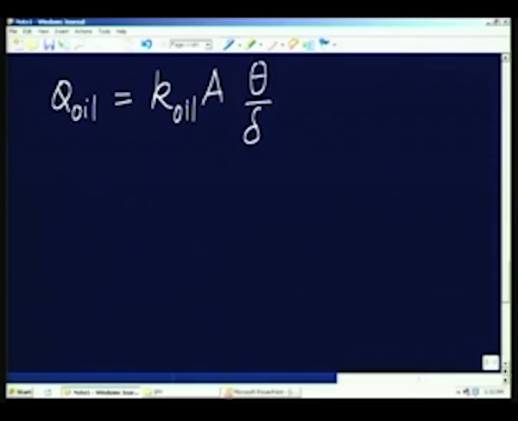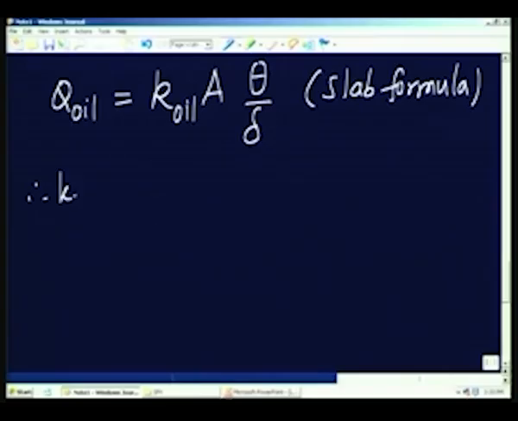Because delta is very small compared to the diameter of the plug, we can use the slab formula. We are using the slab formula because the thickness of the oil film is very small compared to the diameter of the plug, and therefore, it is almost like a planar slab.